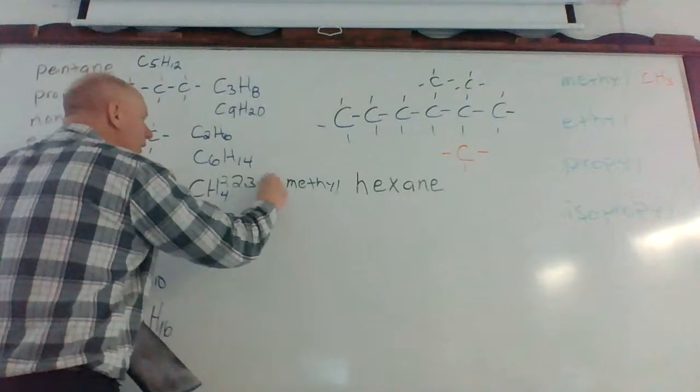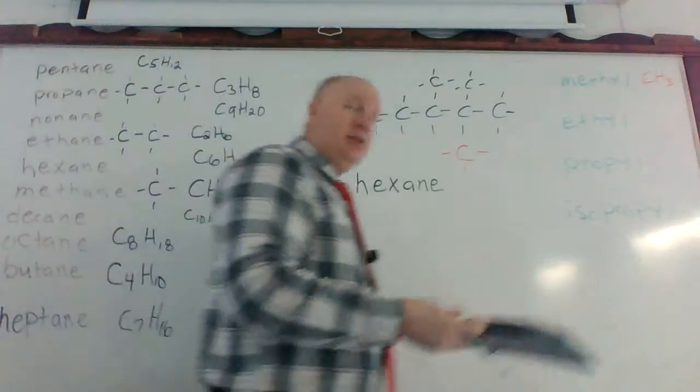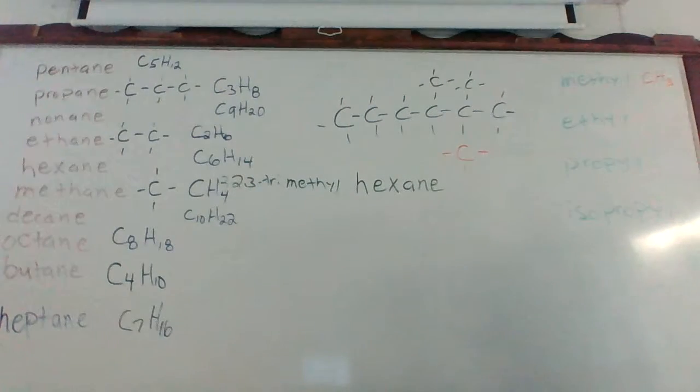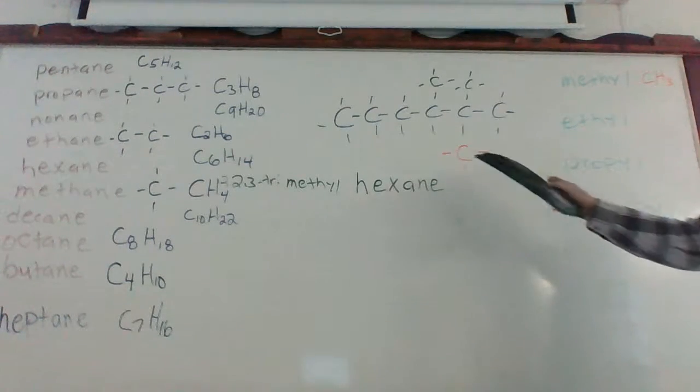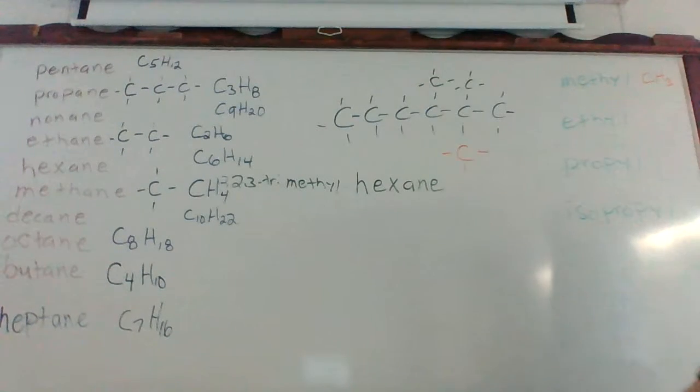Okay? Because as it said in step 2, when there is more than one branch of the same alkyl group, which these are, present, attach the appropriate numerical prefix to the name. Di equals 2, tri equals 3. Okay?